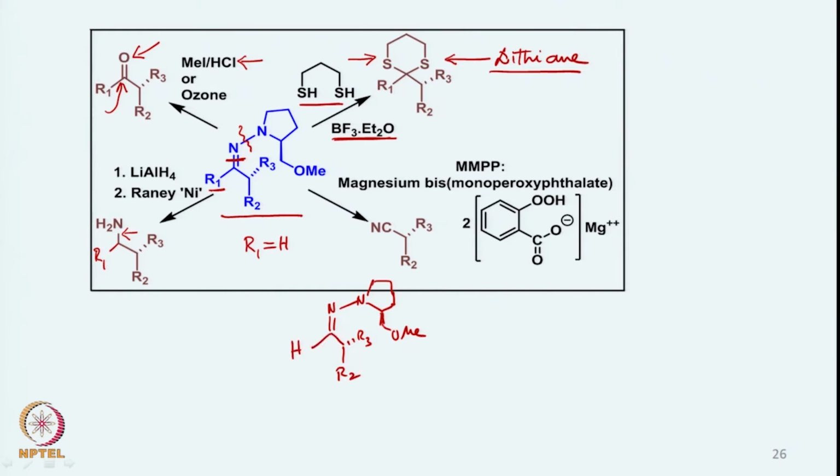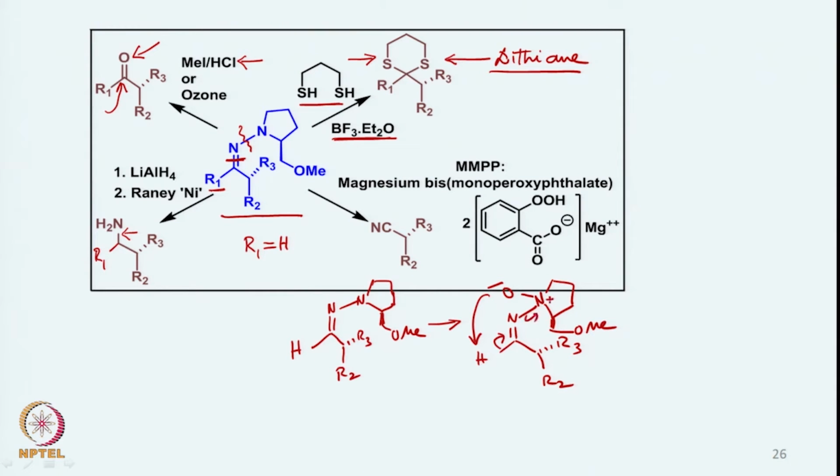So if we do a per acid treatment to this, we expect that we can have this intermediate to form where the N oxide can form, and this N oxide then allows this type of cleavage.